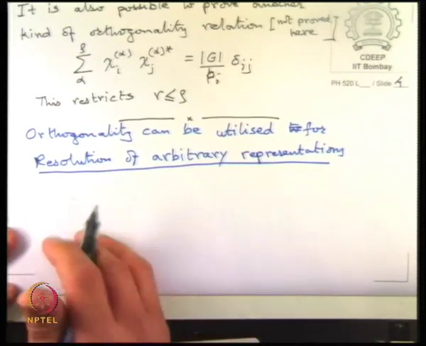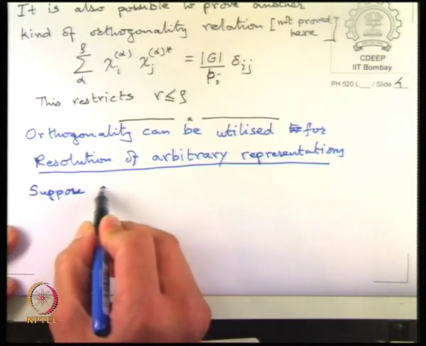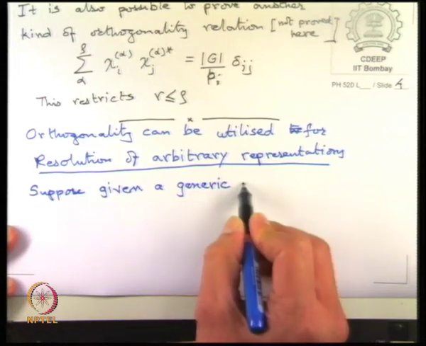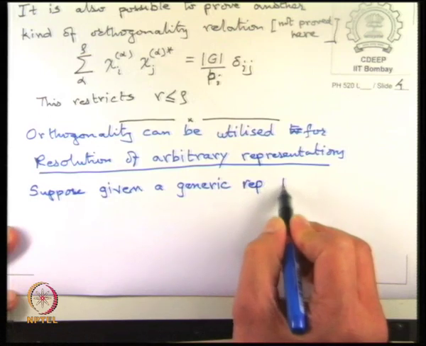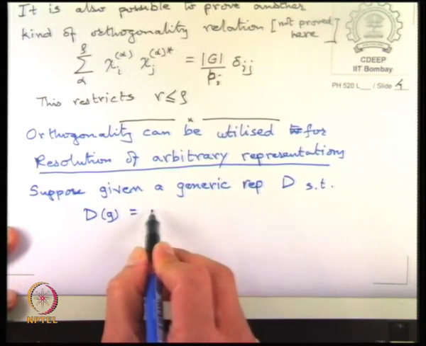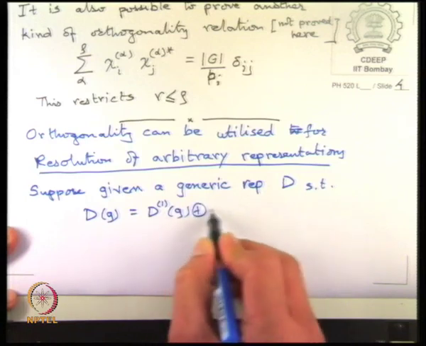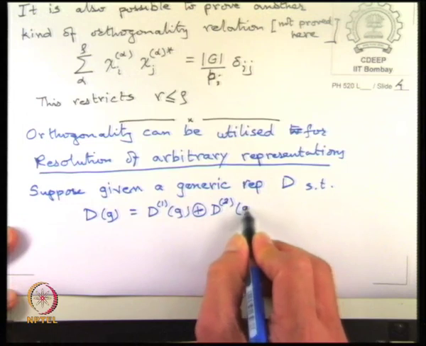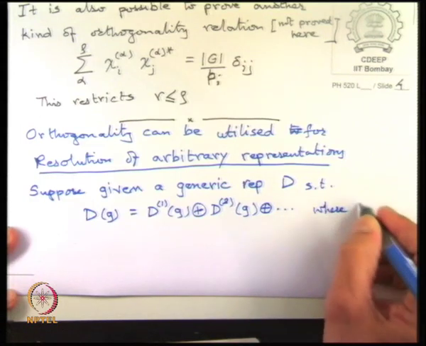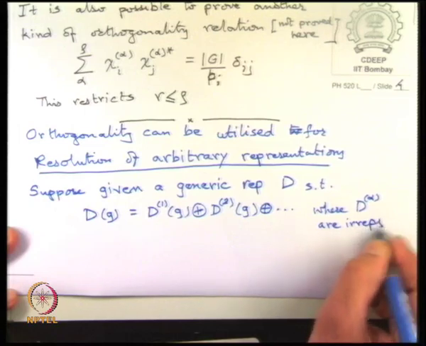So suppose we are given a generic representation D such that D of G is equal to, and the way we write it is D1 of G plus, so it is a direct sum, where D_i or D_alpha are irreps, and this means direct sum.